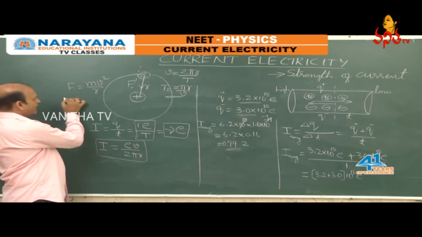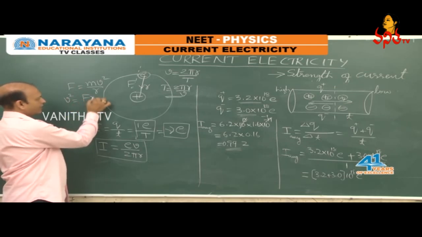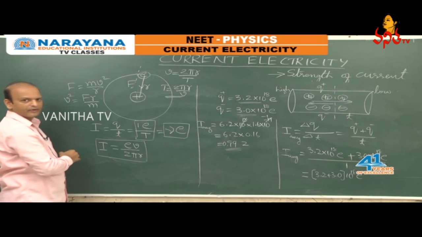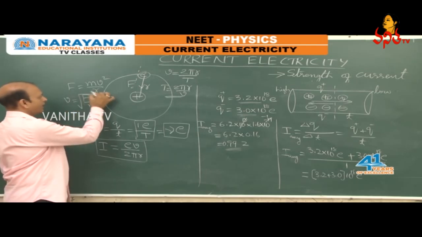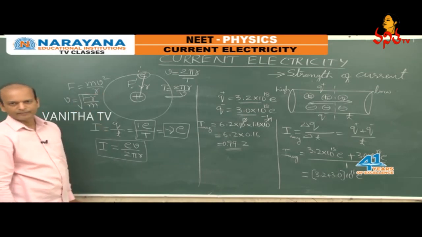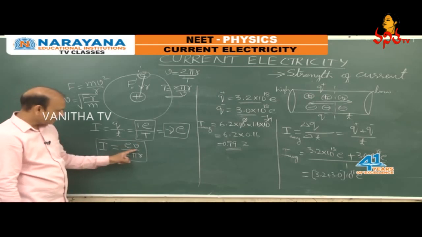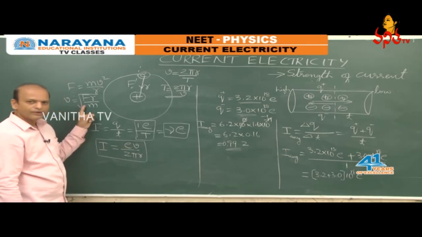Therefore, v square equals F into r by m, so V equals under root F r by m. So instead of V, we can substitute root F r by m.